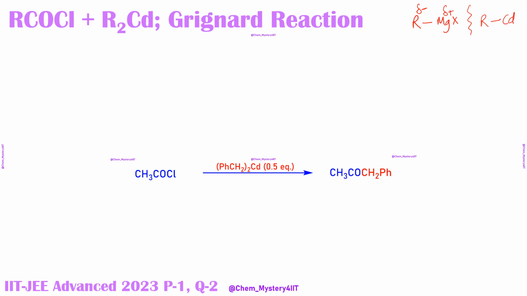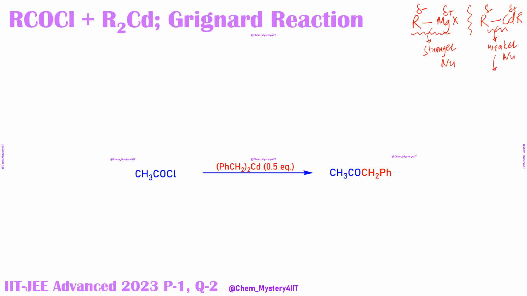The reason lies in the relative reactivities of these groups. The delta negative charge on the cadmium side is relatively less, so the Grignard is a much stronger nucleophile, and this one is a much weaker nucleophile.